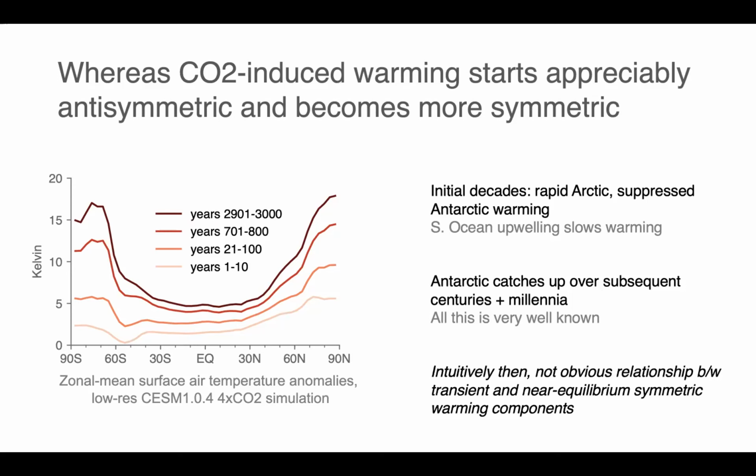So intuitively, it's not obvious that the symmetric component of warming in the initial period, say the first decade or so, has much to do with, or encodes much information about, the symmetric warming near equilibrium on millennial timescales. But that is precisely what we are going to argue here.